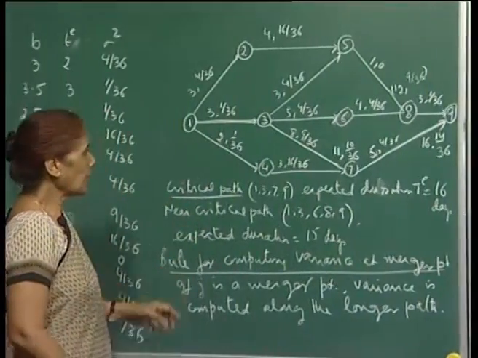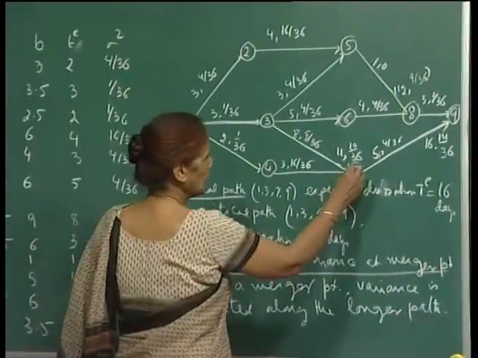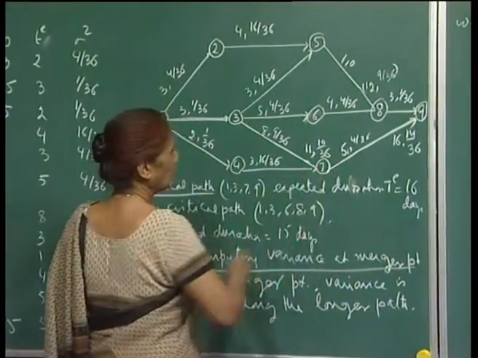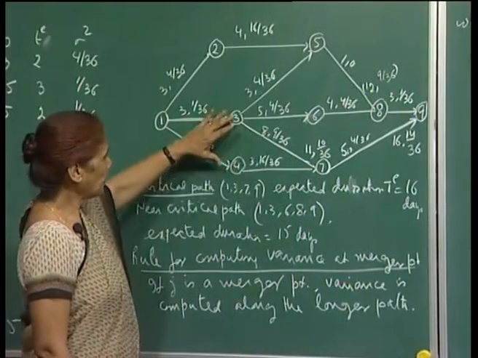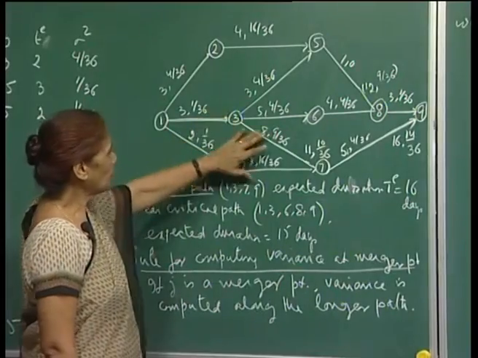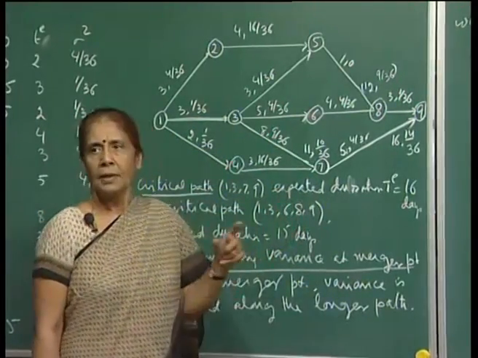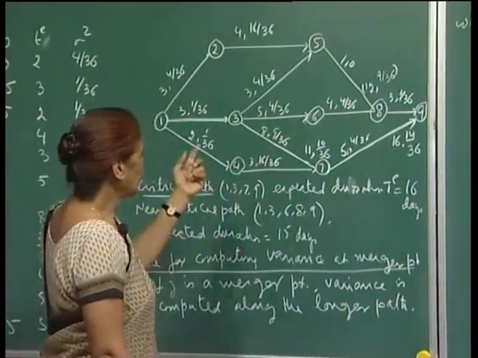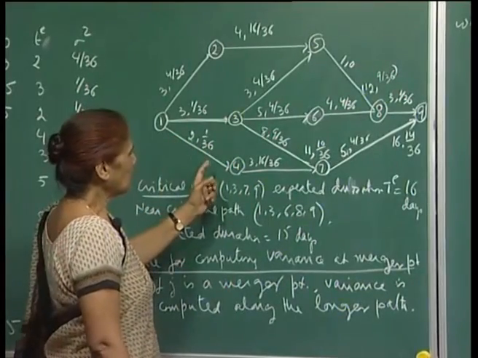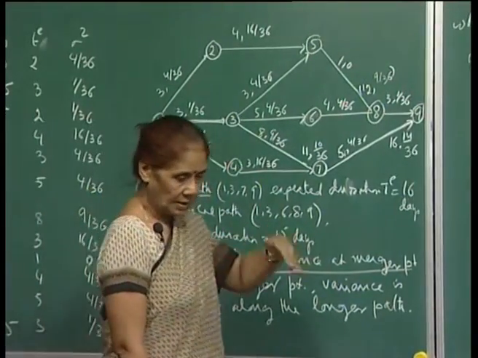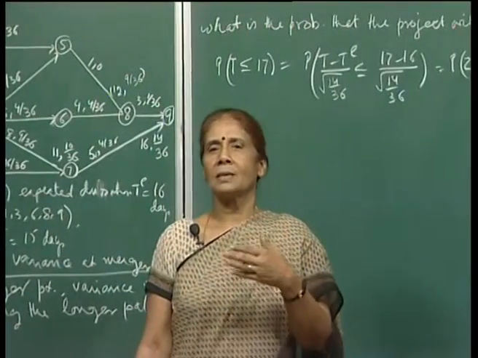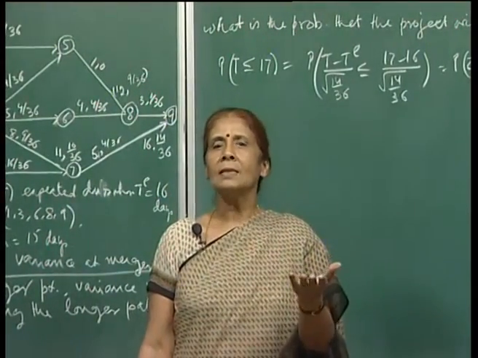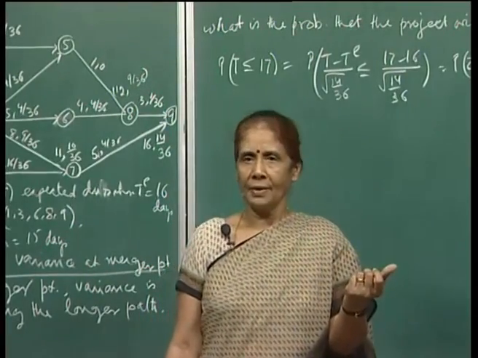The thing is, at merger points, what happens? For example, if you look at this point 7, two paths are merging, and if the lengths of the two paths are the same, then you will break the tie by taking the path which has a larger variance, because for a path with larger variance the uncertainty in completing the activities is higher than for a smaller variance, right.